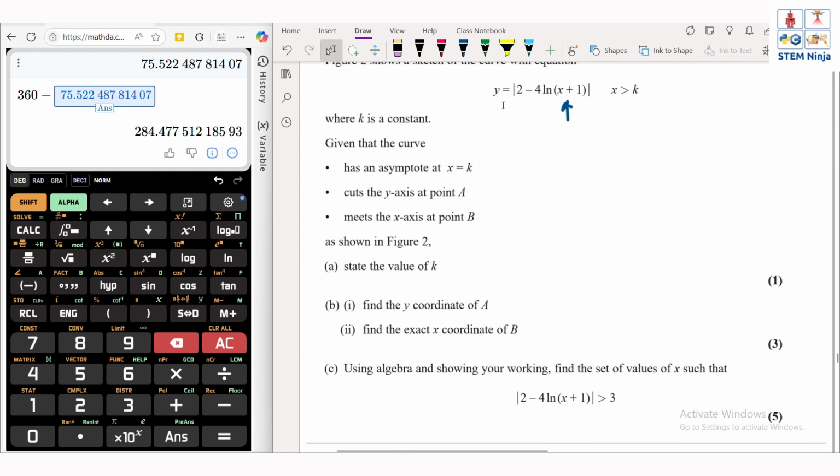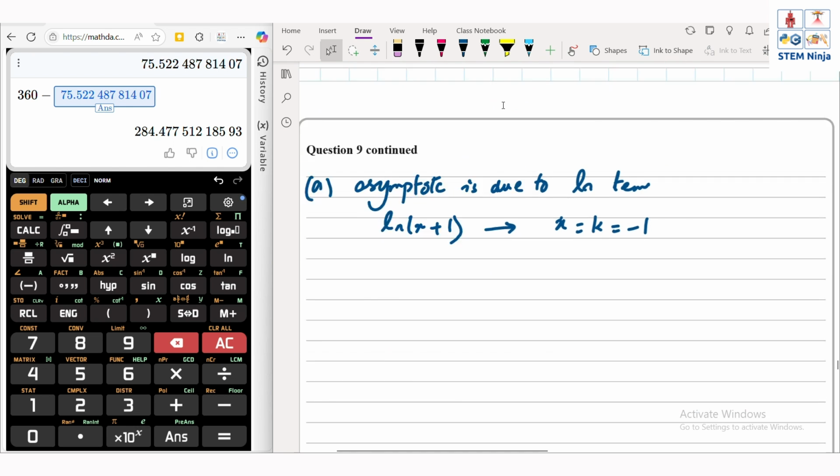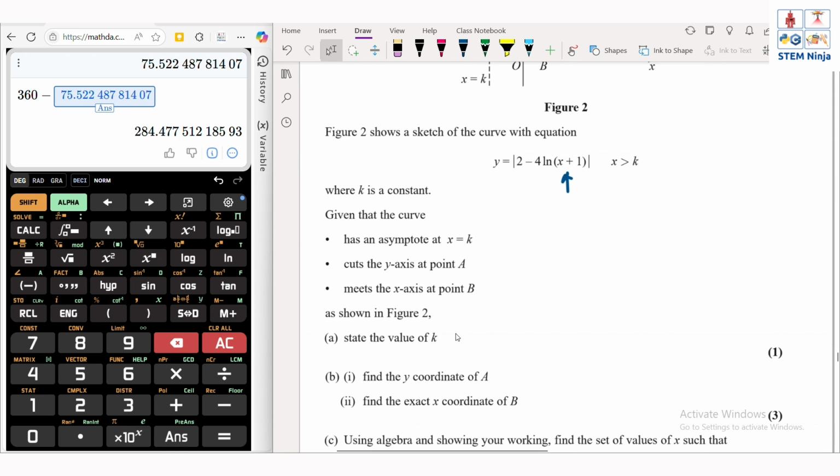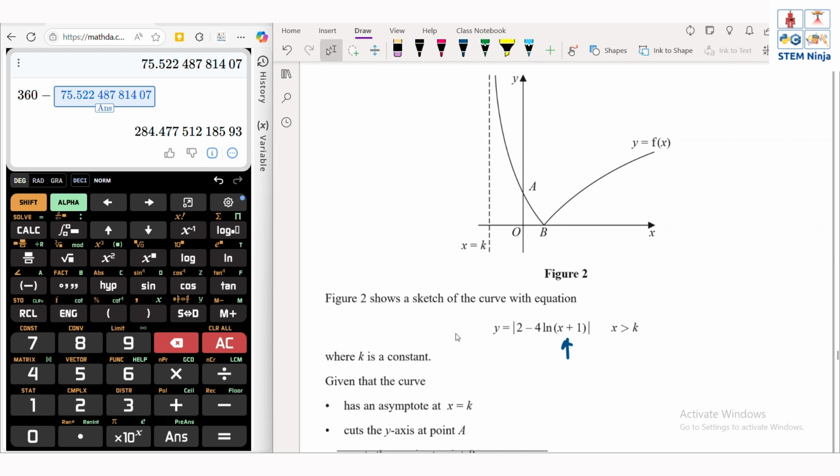So it's actually coming from the argument. So that's what we want. Why? Because x plus 1 is approaching 0 or equal to 0. This is where the ln function becomes undefined.